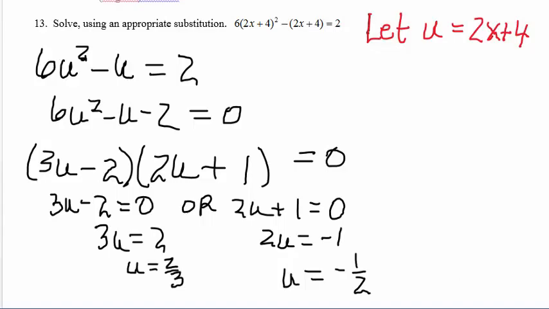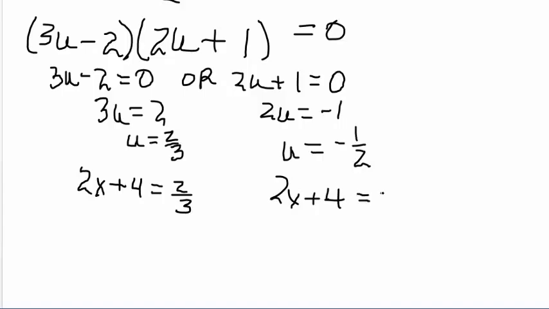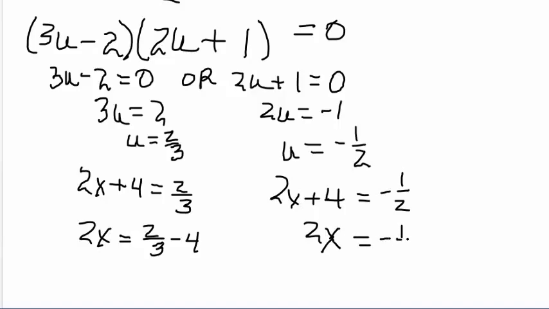Okay, so we're going to replace u with 2x plus 4. So 2x plus 4 equals 2/3, or 2x plus 4 equals negative 1/2. So 2x is 2/3 minus 4, or 2x is negative 1/2 minus 4.